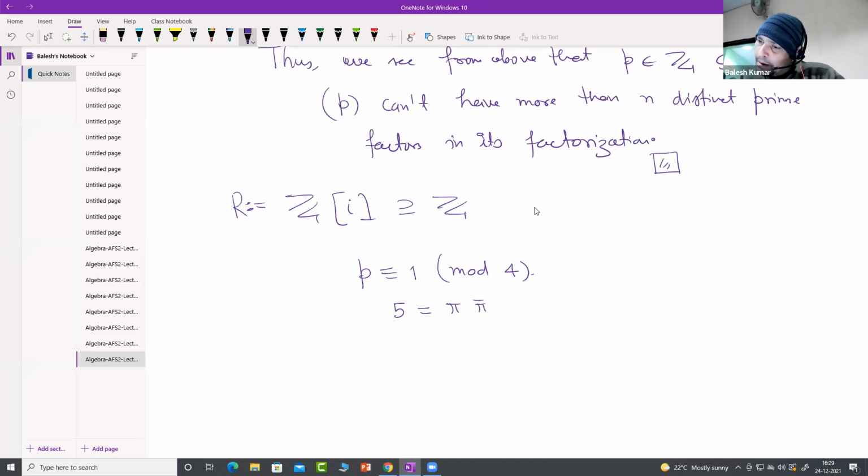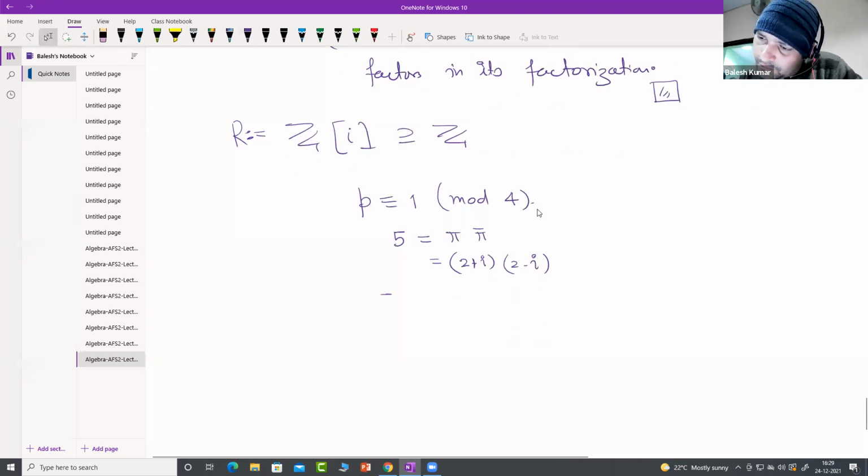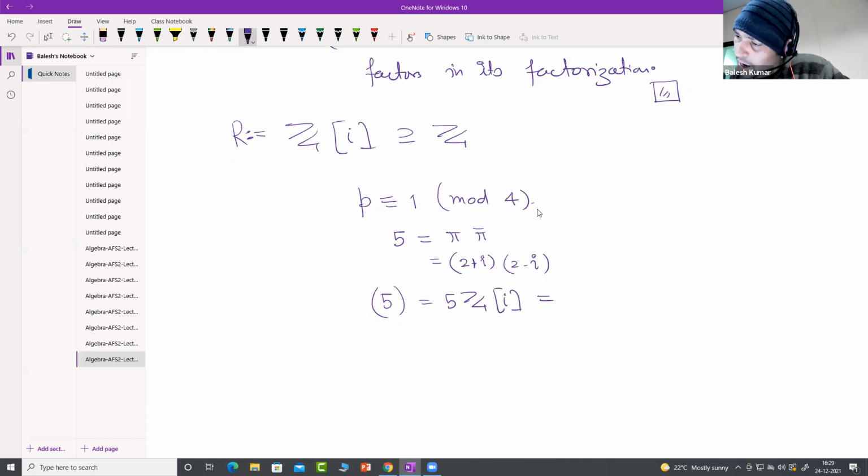Here you can write it as 2 plus i and 2 minus i. So if one looks at 5 as a principal ideal generated in Z[i], which means 5 times Z[i], then this can be written as a product of two ideals, precisely the ideal generated by 2 plus i and the ideal generated by 2 minus i.